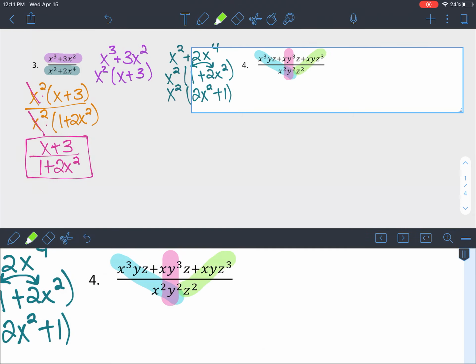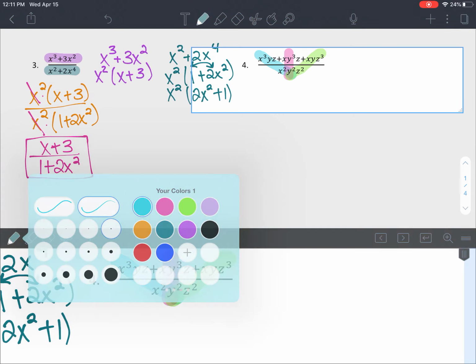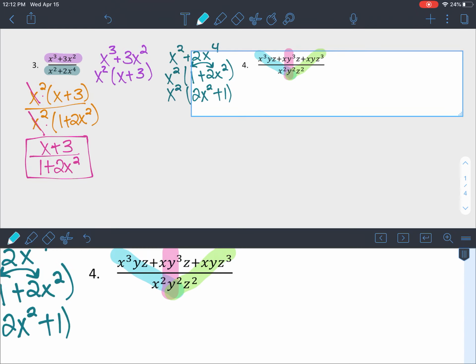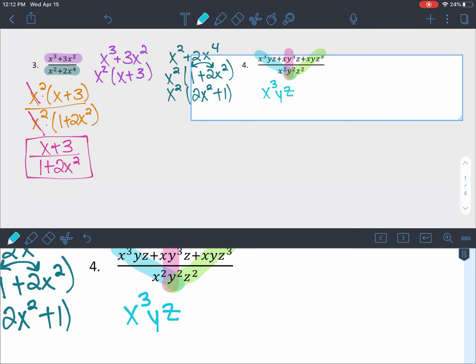Sorry, that wasn't exactly where I wanted it to be. So I'm going to start with that blue. So I'm going to break everything up, and if I start with that blue, then I have x cubed yz. So that's my first term over that denominator.